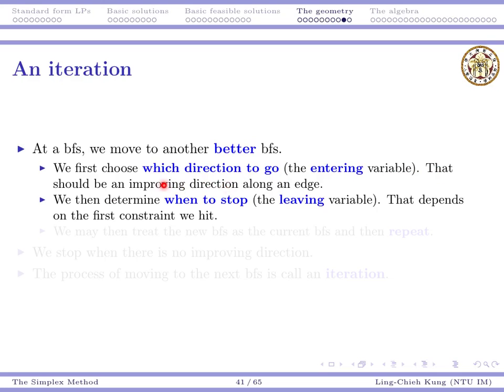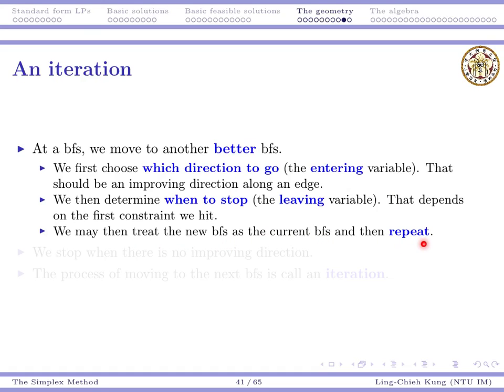If I can find that, I move along that direction, and then I determine when to stop, according to which constraint I hit first, or which variable becomes 0 first. After I complete these two steps, I get another basic feasible solution. We then treat the new basic feasible solution as current, and repeat.